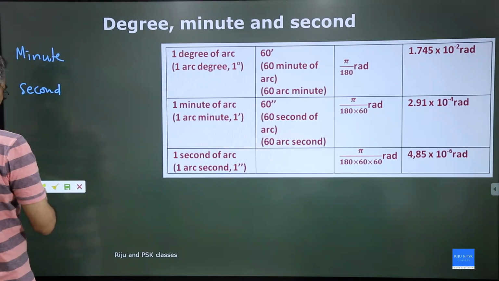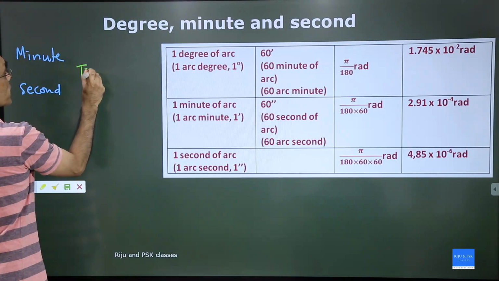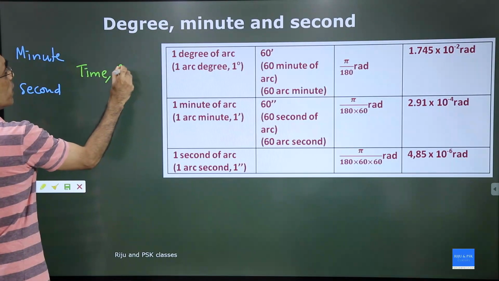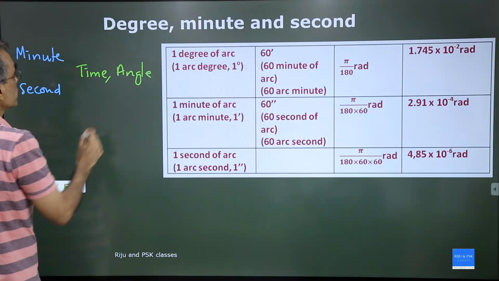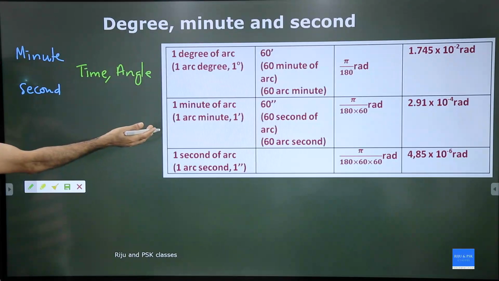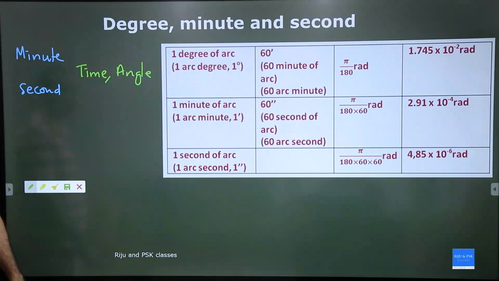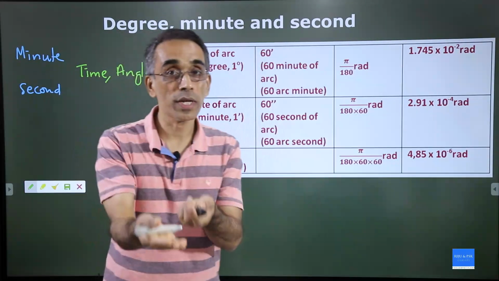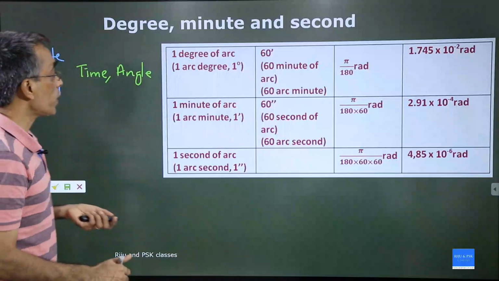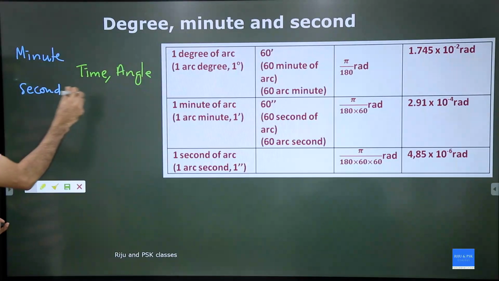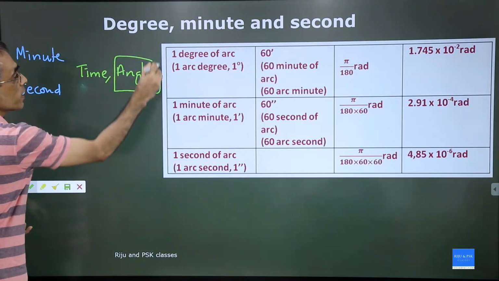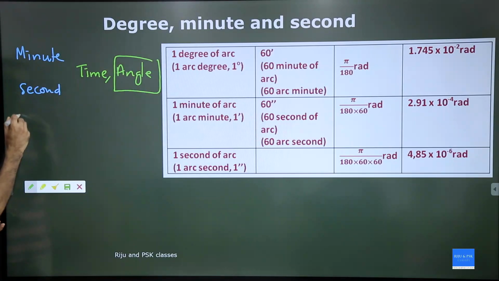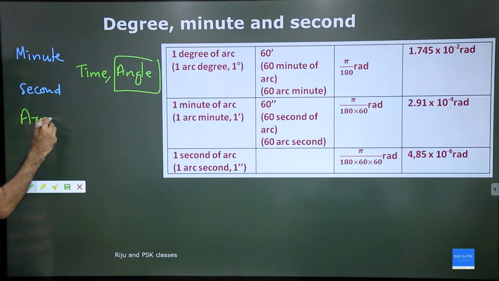One, it can be time measurement or it can be angle measurement. So minute can be time or angle, second also can be time or angle. But how do we know which one is? If suppose I say 10 minute, how do you know that it is time or angle? For understanding that one, if it is angle, we will not simply call it as minute, we will call it as arc minute.